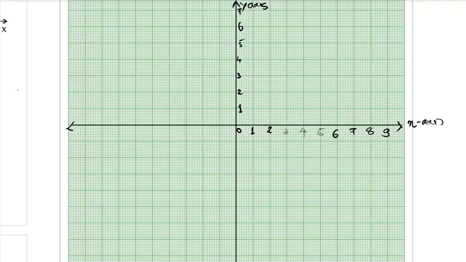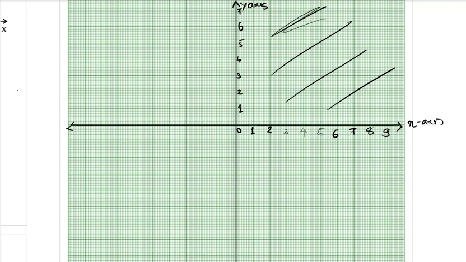Now do you notice that this section which I am talking about right now, I told you one name for this section, right? This is known as a quadrant.